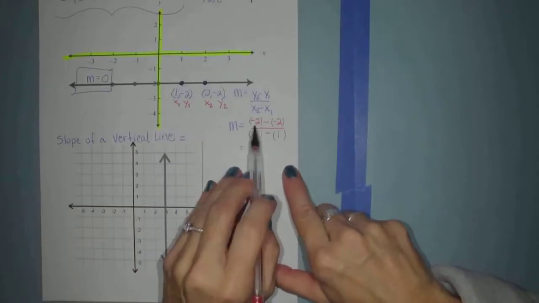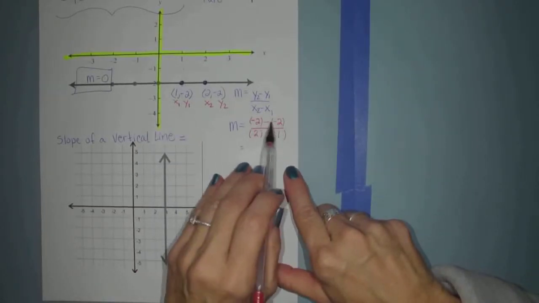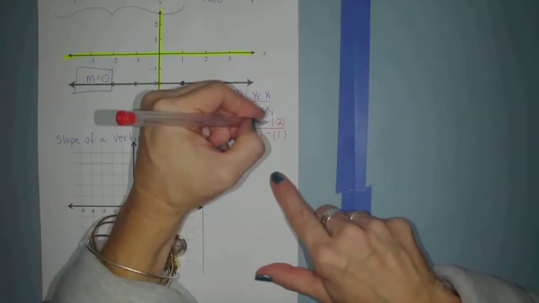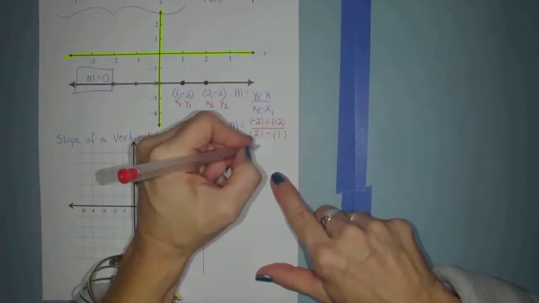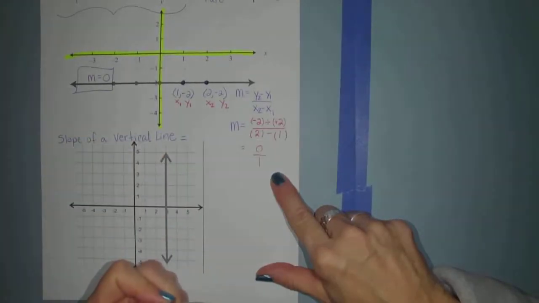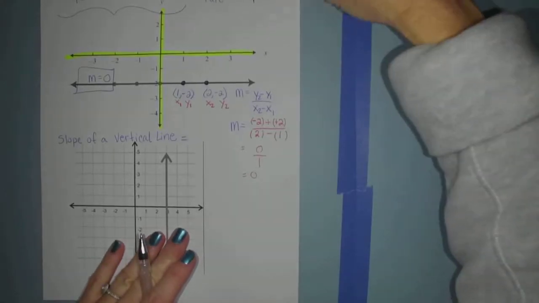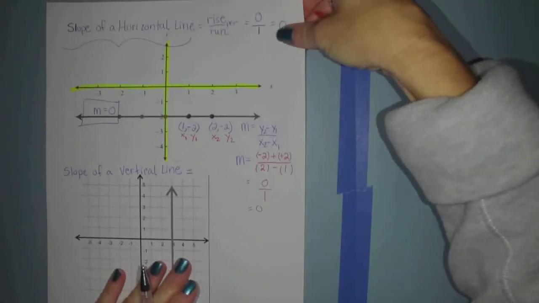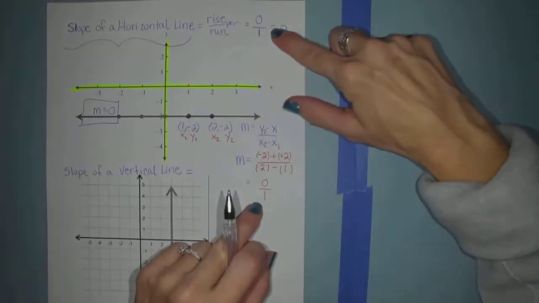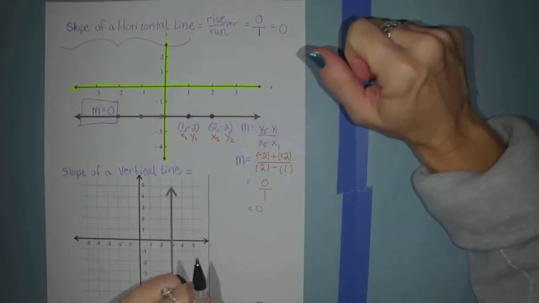When you take -2 minus -2, the minus a negative turns into plus, so that's -2 plus 2, which is 0. And 2 minus 1 is 1. And 0 divided by 1 is 0. So I'm getting the same answer that I got by counting. I'm getting 0 over 1, and a final answer of 0.